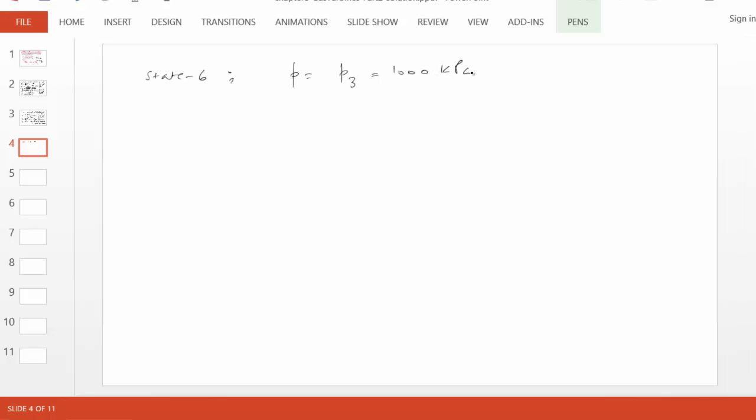There is no pressure loss in the heat exchanger, and the temperature T6 is given by T3 plus the effectiveness times T5 minus T3, and we already know all these values. T3 was calculated as 560 and T5 was 776.